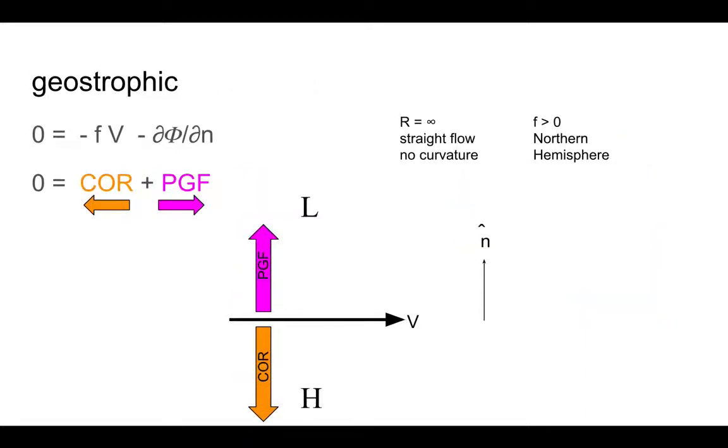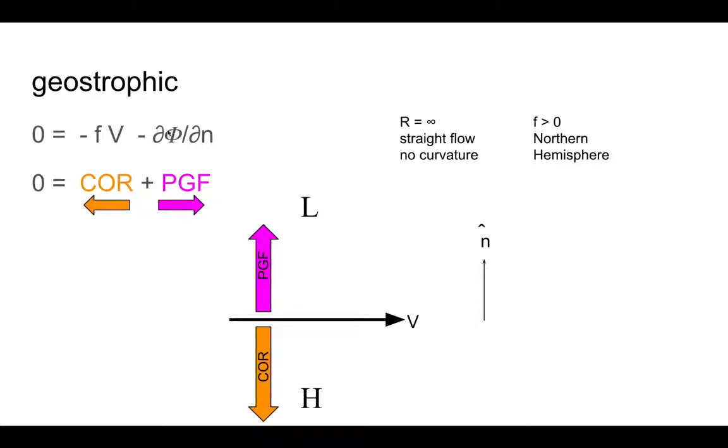And so we started looking at a simplification where the flow is straight and the radius of curvature would be infinite in that case. So since that's in the denominator of the centrifugal acceleration, that term is 0.